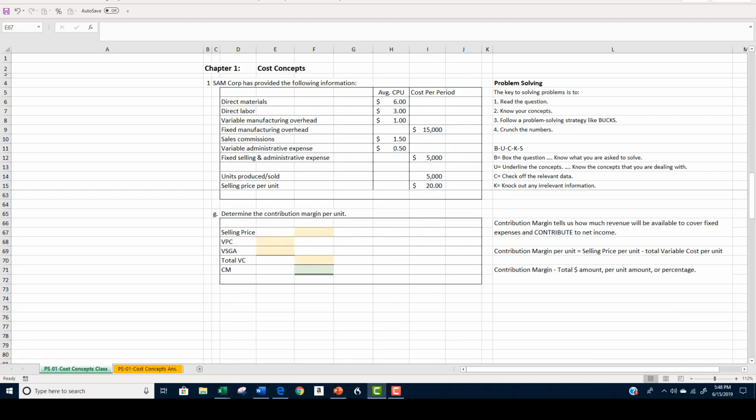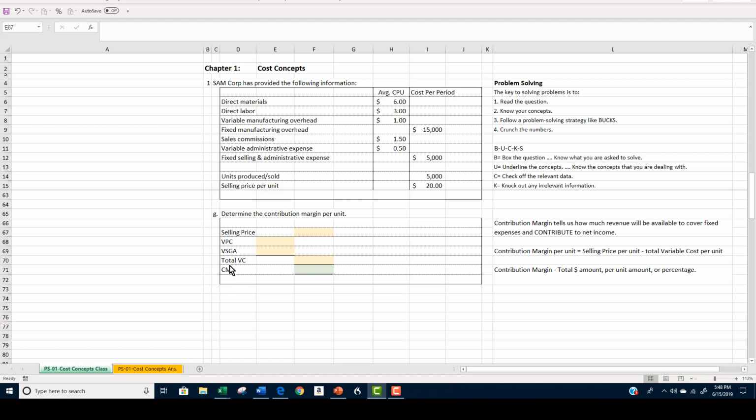Question G asks that we determine the contribution margin per unit. The contribution margin is a key term for this class. It's the amount remaining from sales revenues after all variable expenses have been deducted.